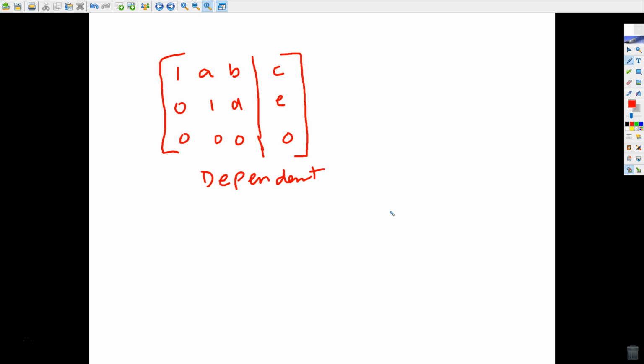Infinite number of solutions. Well, I'll just use this same augmented matrix to represent inconsistent. If the bottom row ends up all zeros, but then over here we have a number, whatever, this is inconsistent. In other words, this is the no solution.